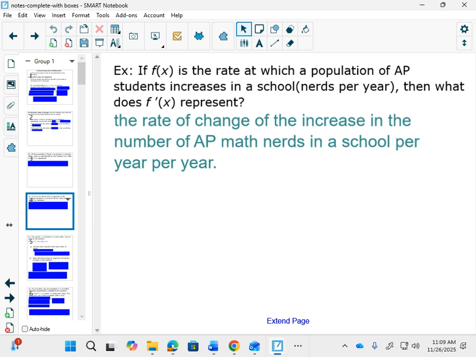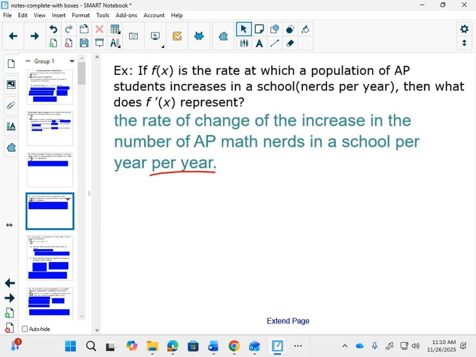So every time you do a new rate, you would add a new per something, whatever your unit of time is. If you were using hours, if your first thing was something per hour, your next derivative would be per hour again, which would be like per hours squared. If you think of it, what's the derivative of displacement? Velocity, right?